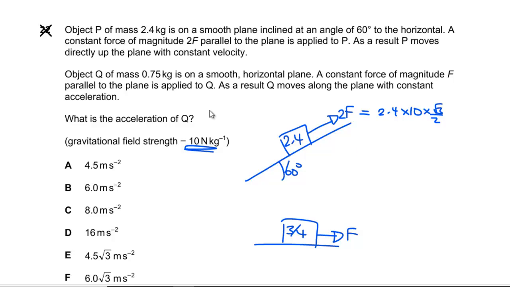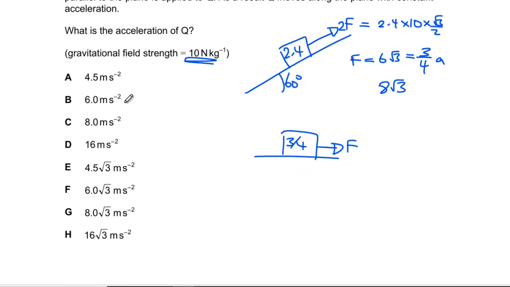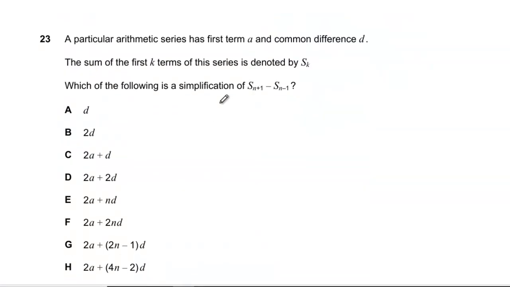So that means that F is going to be, I've got 24 divided by 4, so 6 root 3, and then that is going to be the mass times the acceleration that we're after, so 8 root 3. Is that on there? Is it at the bottom? There we go. G. Nice. That was a bit quicker than the last one.